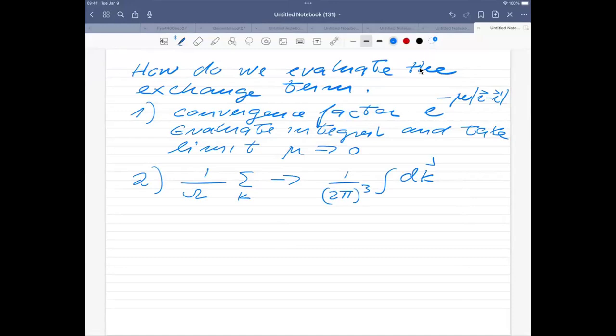Else, like in our case, this is a three-dimensional integral. So what does that mean when we're going to evaluate this term? Let's write down the exchange term now. It takes an expression which runs like e squared over omega, which is the volume, times 2 pi cubed.